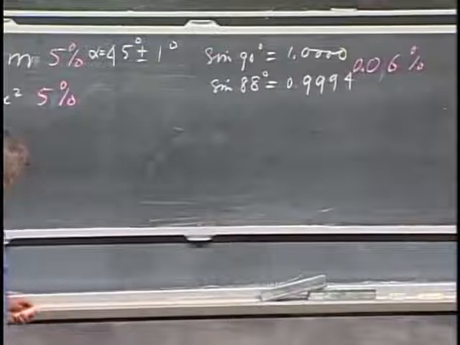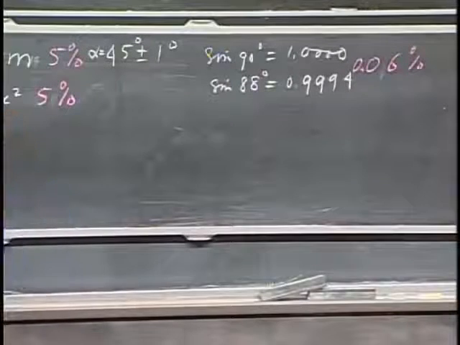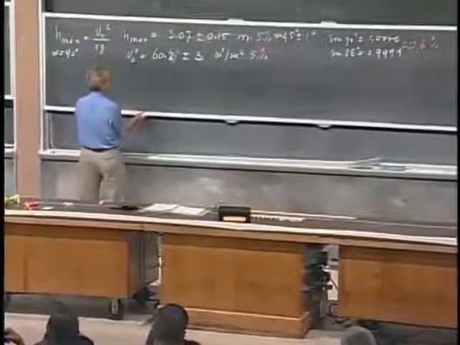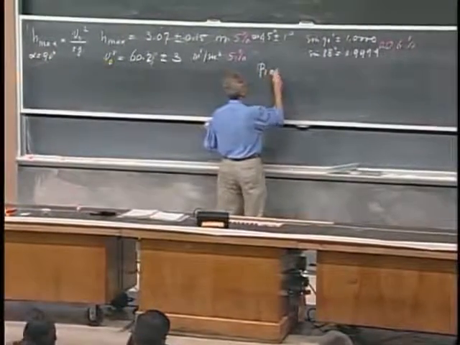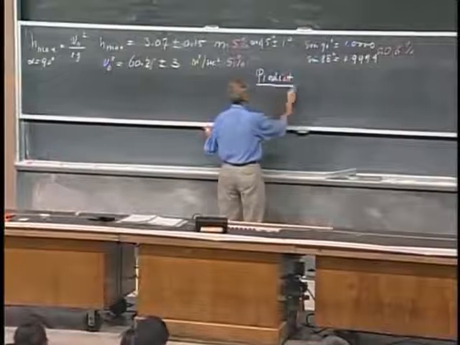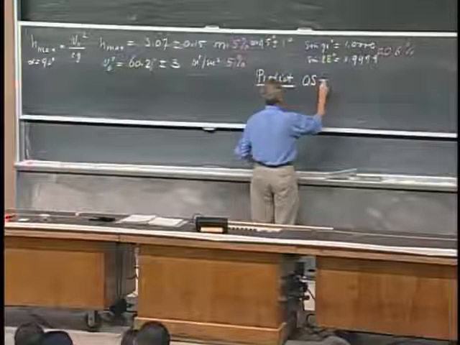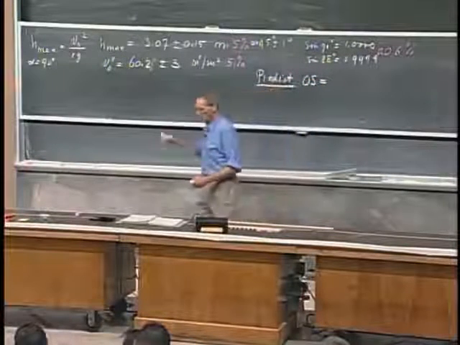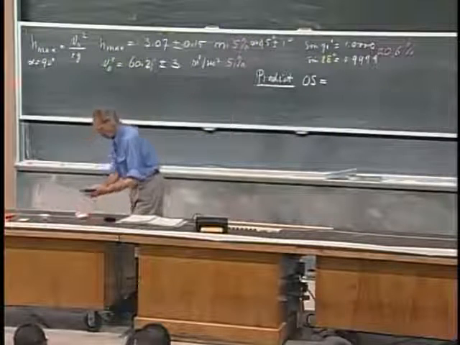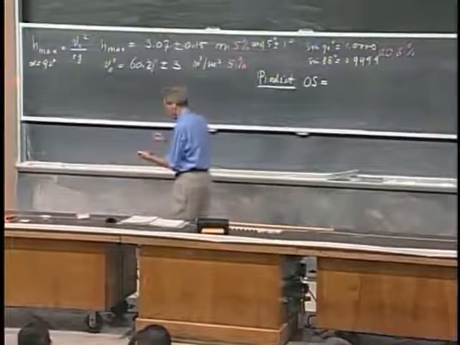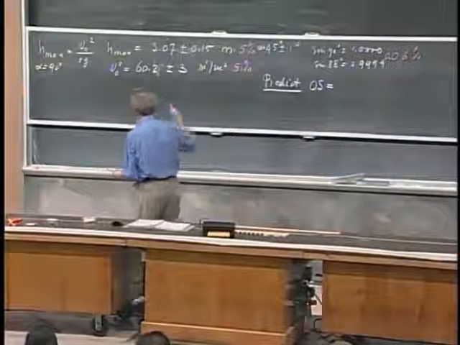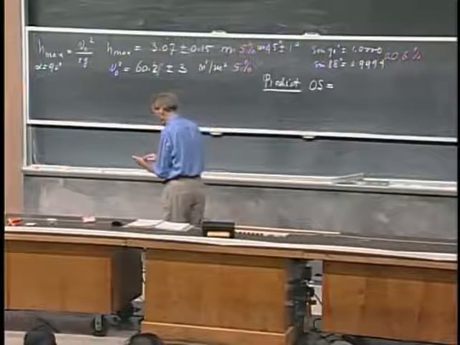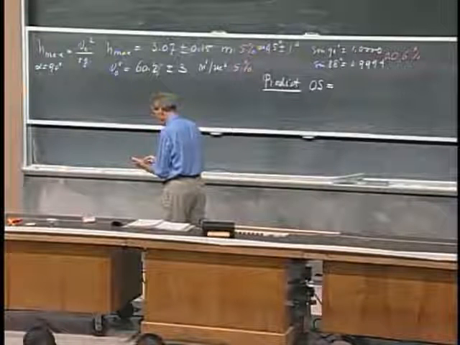And so now comes my big prediction. I'm going to make a prediction now. For 45 degrees, OS equals v0 squared, that is 60.2, and we have the sine of 2 alpha is 1, and we divide by 9.8.